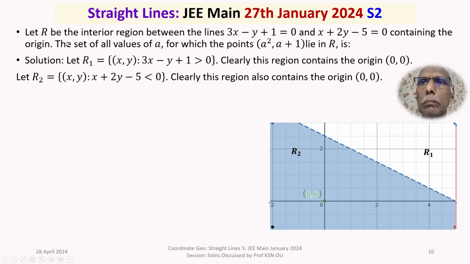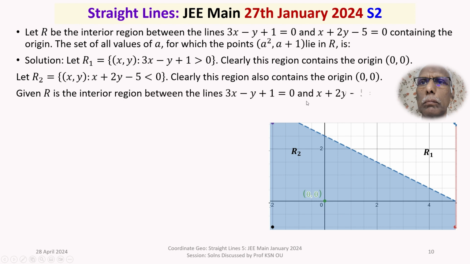So what is R? R is the interior region between these two lines containing the origin. So R will be, take this R1 and R2, take its intersection. The intersection will contain 0. So given R is the interior region between these two lines containing the origin, therefore R will be R1 intersection R2.